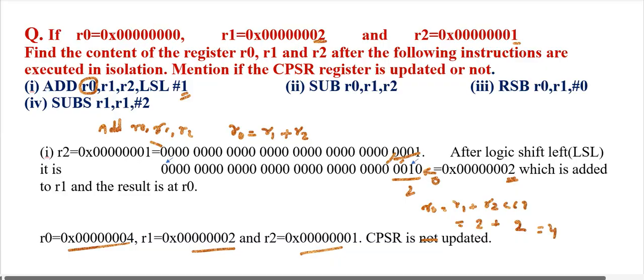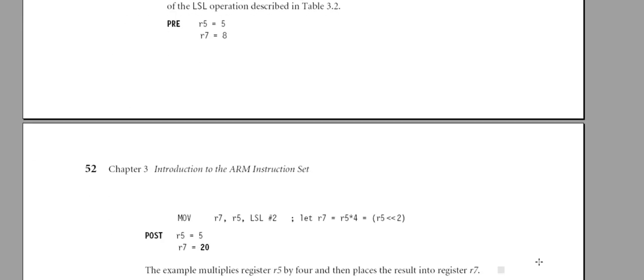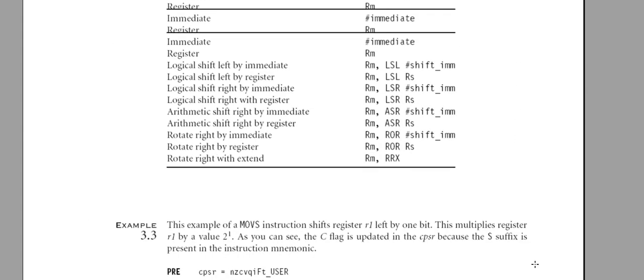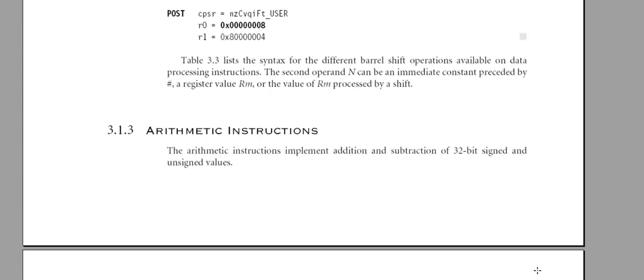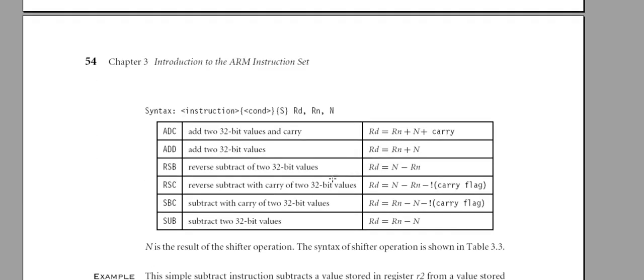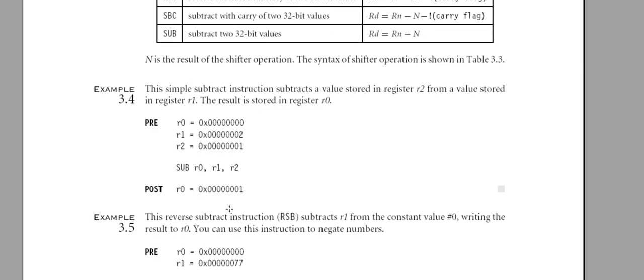So let me check in the instructions. If you have any doubt, you check it out once again. In the arithmetic instructions, if it results in 0, it is going to get affected. These are the add instructions, 32 bits, RD and RN.